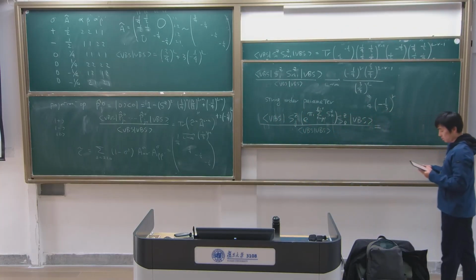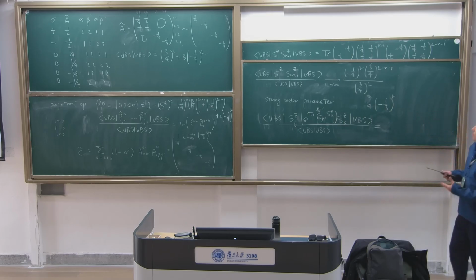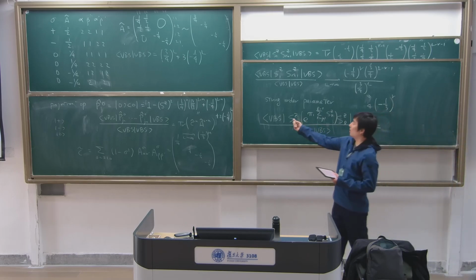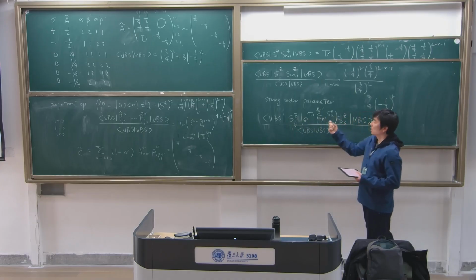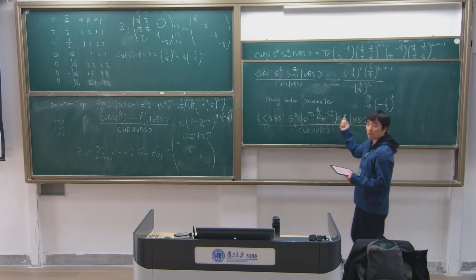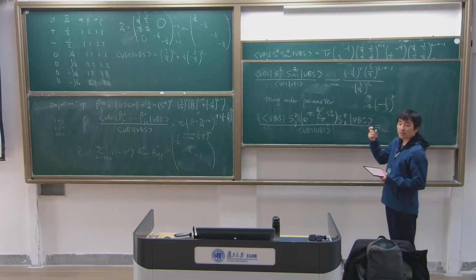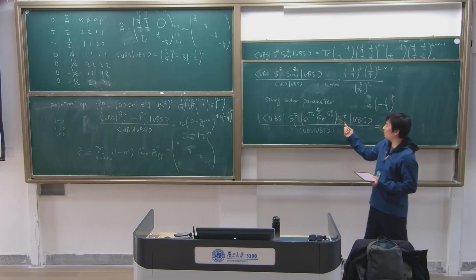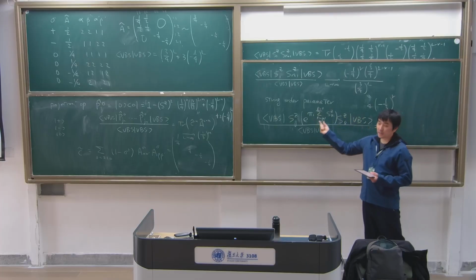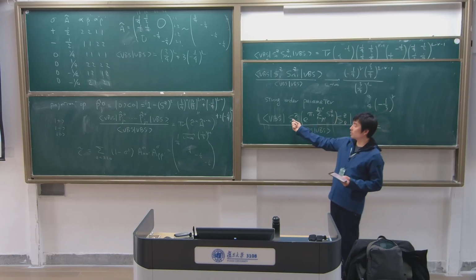So here, if you have the inner side with a 0, you get a vanishing expectation value. If the left side is 0, the numerator is 0. The same thing here. This one is 1. If it is 0, the numerator is 0.